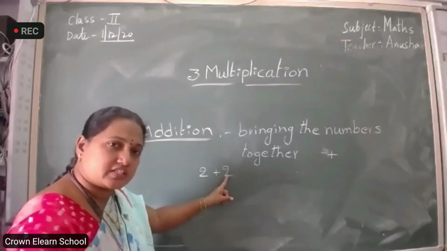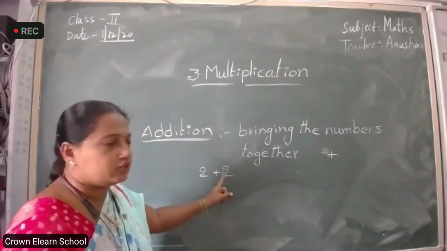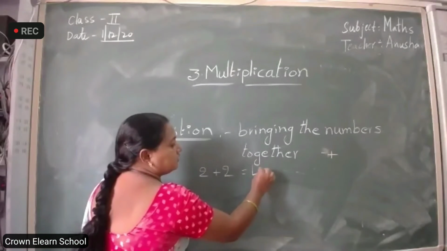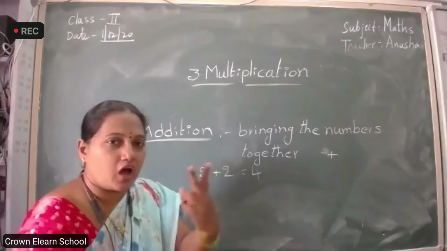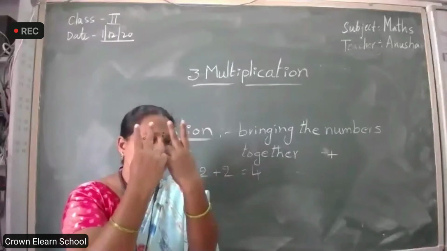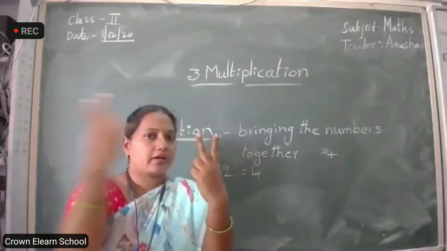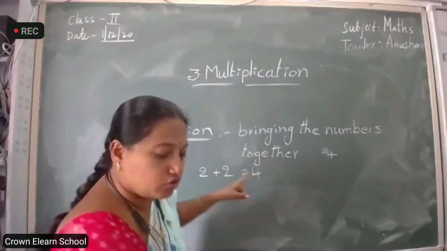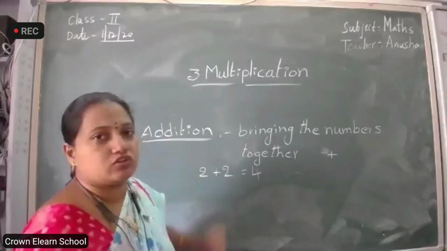Your friend is giving 2. Okay? So 2 plus 2. What is the answer? 4. You have 2 and your friend is giving 2. So how many you have total? 4 chocolates. So 2 plus 2 is equal to 4.